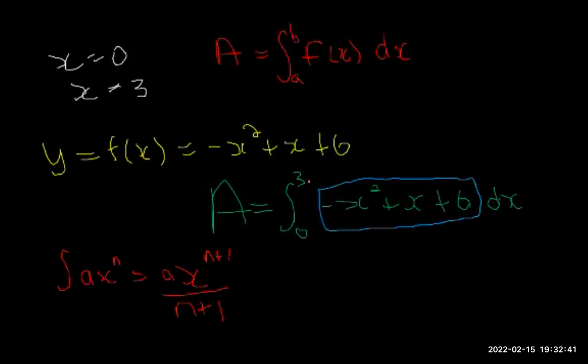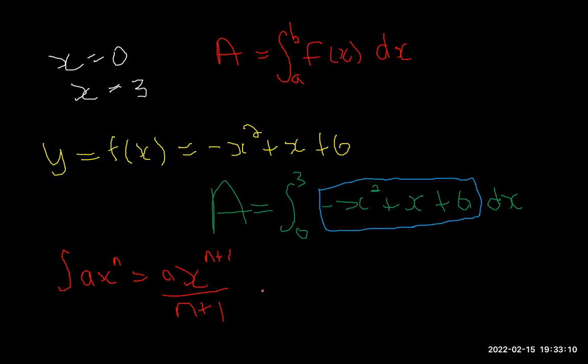This is definite integration. How do I know it's definite integration? Because I have limits, an upper limit and a lower limit. So what does that mean? There's no arbitrary constant. You see what we did in the first case where I had the plus c next to this?